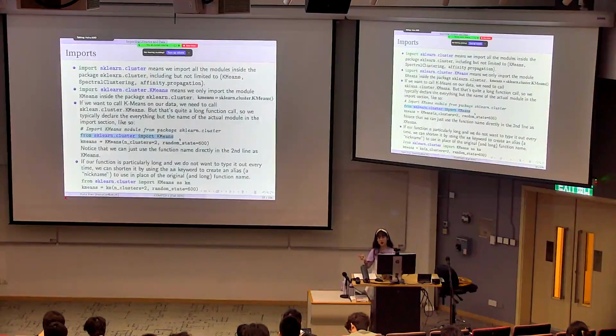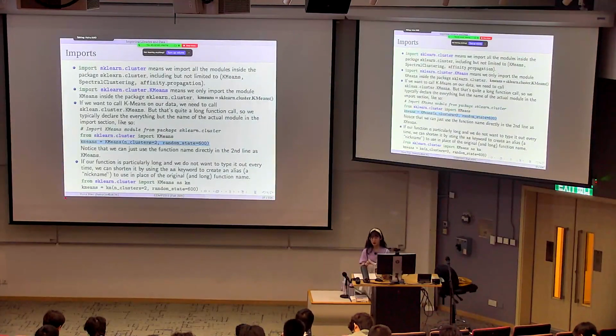After that, if you want to create an object k-means, it's much more convenient. You only need to write k-means equals KMeans. Of course, the second KMeans has to have big capitals because it must be in accordance with the module you imported, with big K, big M, and you give some parameters.